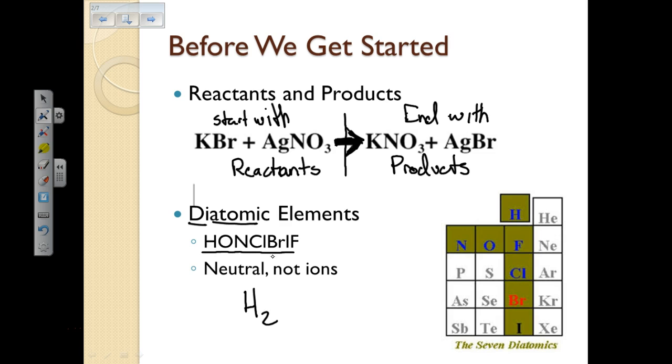Okay? Or if we have oxygen, if you remember in biology, we don't talk about oxygen as being O, but O2, or nitrogen is N2, on down the line. Chlorine, when we find it in nature, should be Cl2, and bromine, Br2, I2, F2. So Hankelbrief tells us what the diatomic elements are. There are 7 of them.